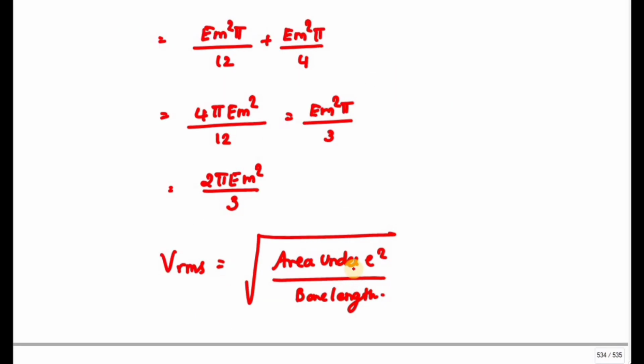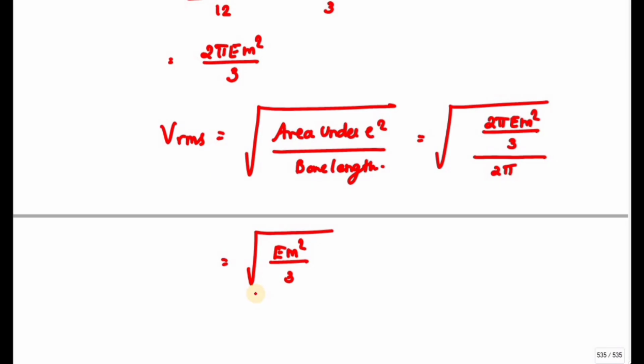So that is equal to root of 2 pi Em square divided by 3, divided by 2 pi. The 2 pi gets cancelled, so we'll get root of Em square divided by 3, that is equal to Em divided by root 3. So my VRMS value is nothing but 0.577 Em.